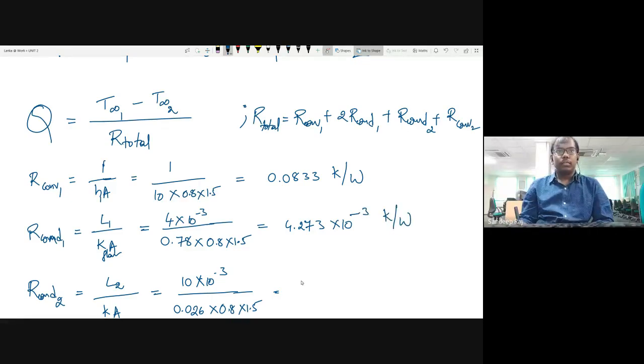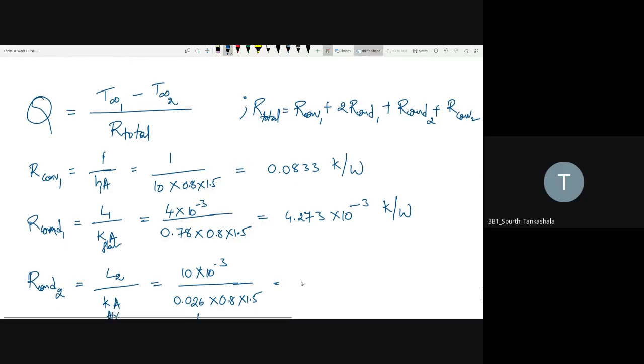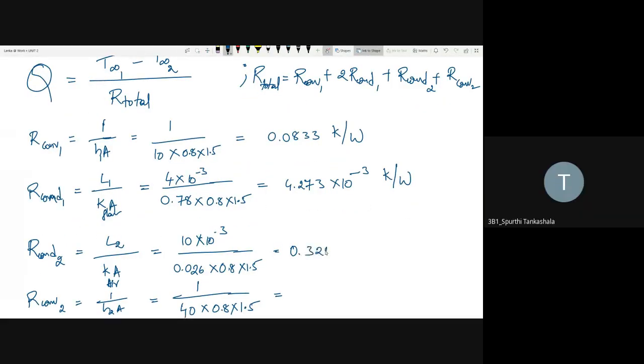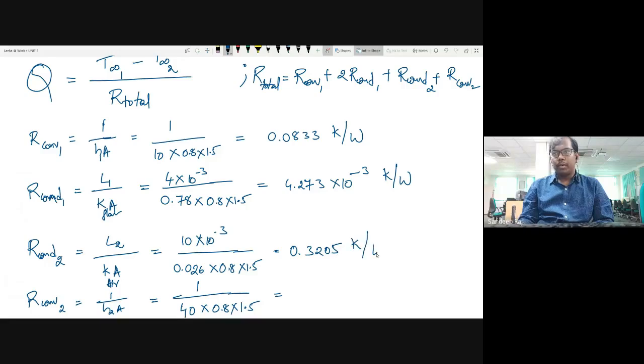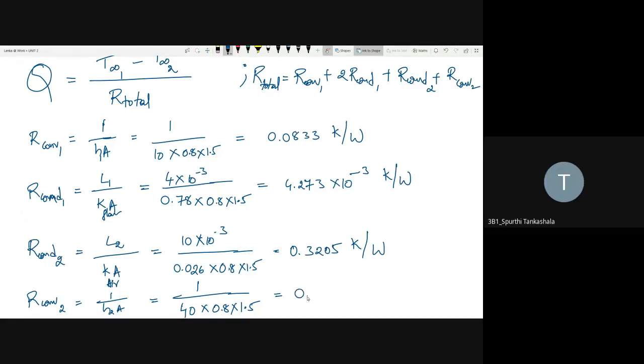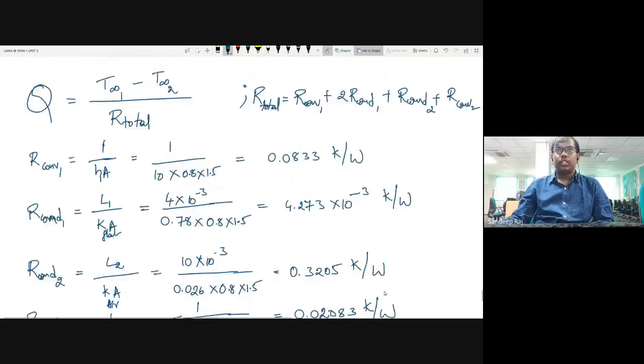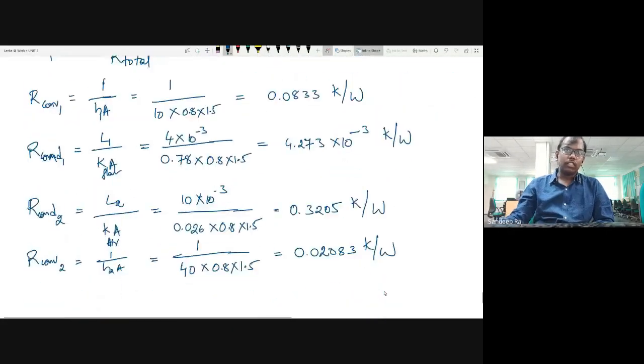Good. Next, R conduction 2 is 0.3205 Kelvin per watt. Good. R convection 2 is 0.02083 Kelvin per watt. So you simply substitute all these values into your Q.